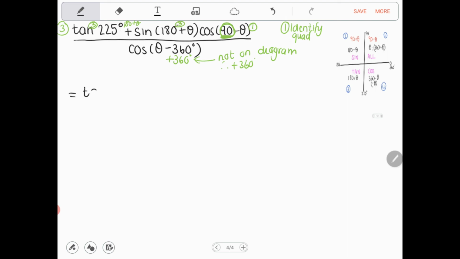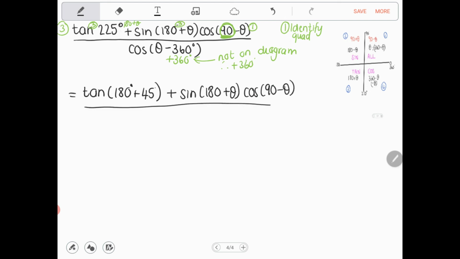So we've got tan. We need to rewrite this one. So it's got to be 180 plus 45. There we go. I'm just going to leave these other ones until I need to do my reductions. So at the bottom here, I'm going to have cos of negative 360 plus theta, which gives me theta.